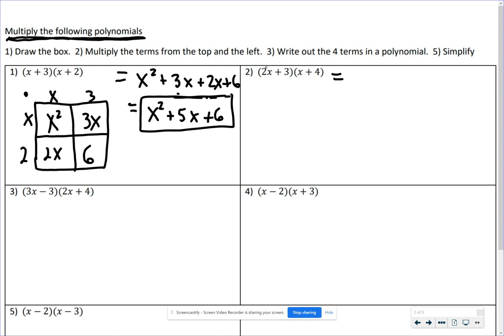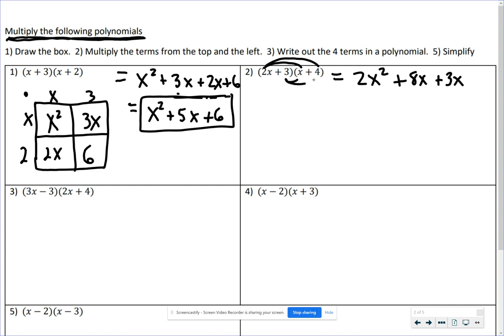Remember how that works. We take the 2x times the x and get 2x squared. We take the 2x times the 4 and get a positive 8x. The 2x has gotten its opportunity to multiply with both of the terms in the second set of parentheses, so we move to the 3. And we do 3 times x, which is 3x.